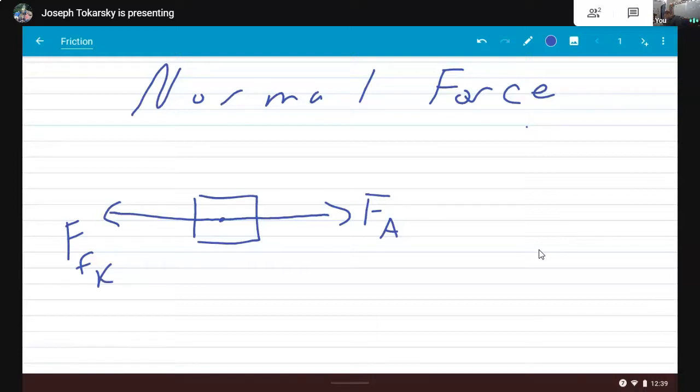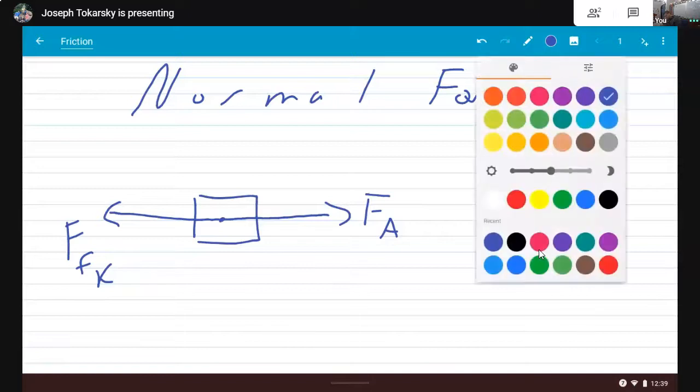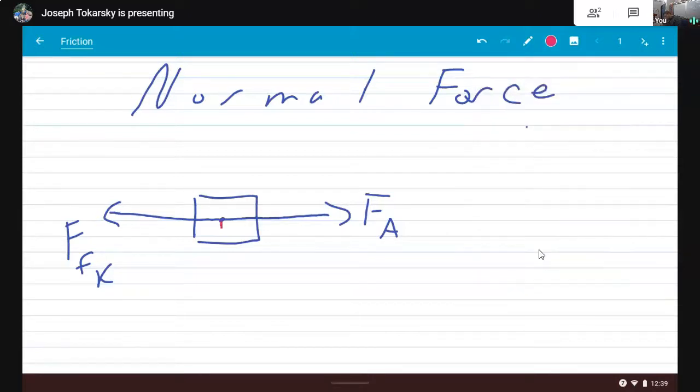So we'll put an extra subscript K there. But while this is going on on some surface, there's also weight down and normal force up. And we've learned this before. And remember, the normal force is a surface pushing back on the object. And the size of that normal force creates pressure between the two surfaces in contact.